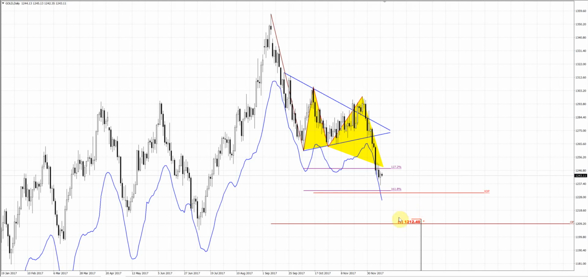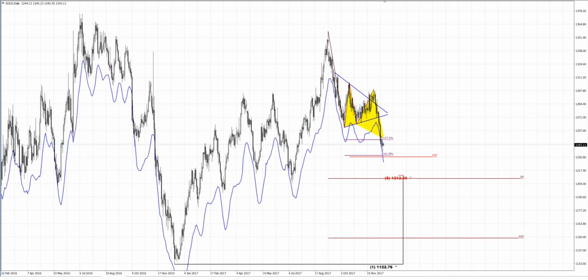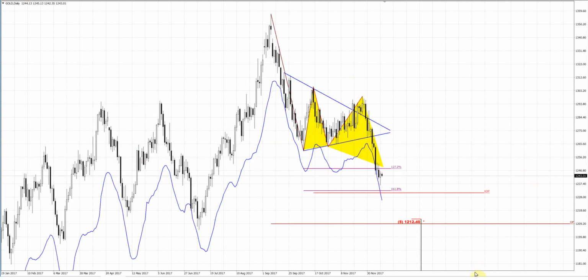This will be a major VIP support area. Take a look at this level. From this low to this top, 1210 is the 618 target and the 100% target. 618 VIP support, and 100% target for this ABCD pattern, the OP objective point, AB equals CD target of our major ABCD pattern.